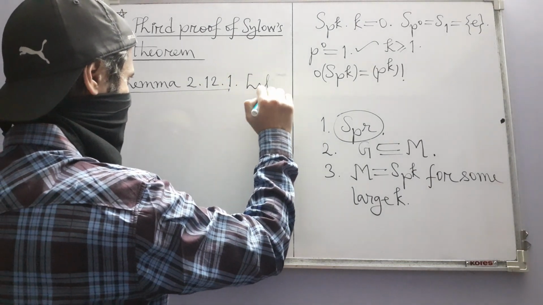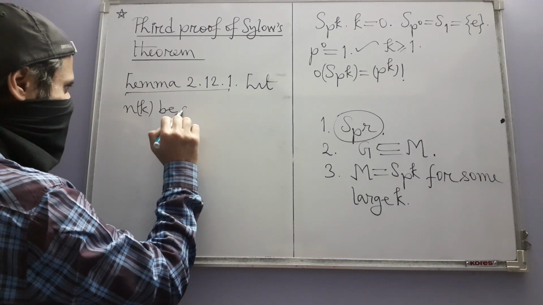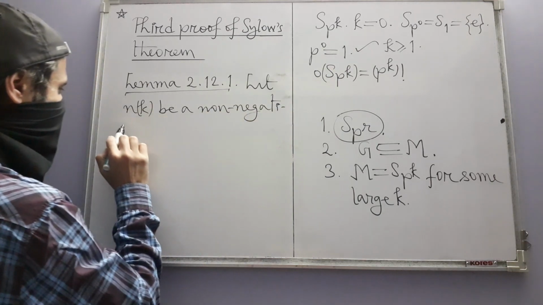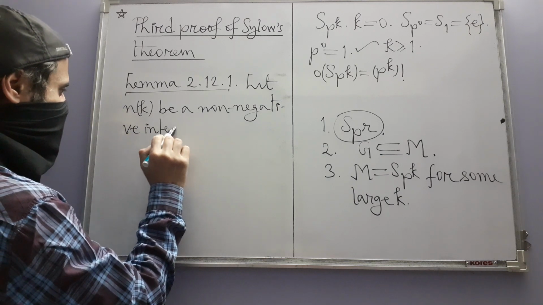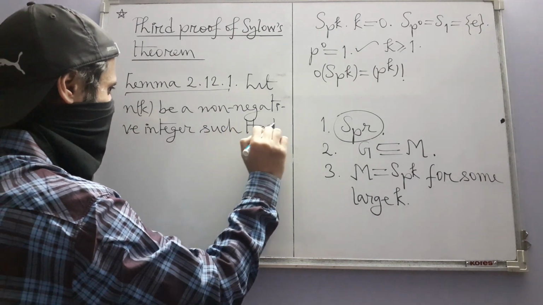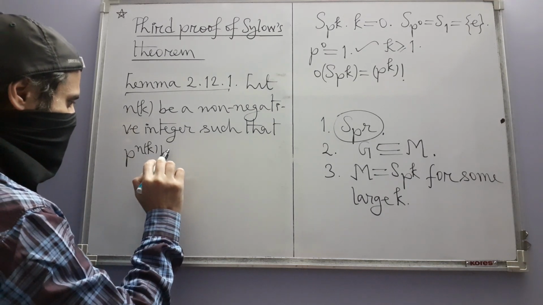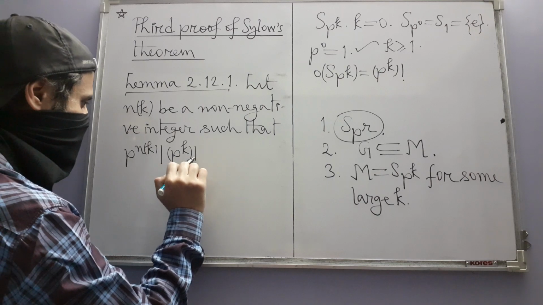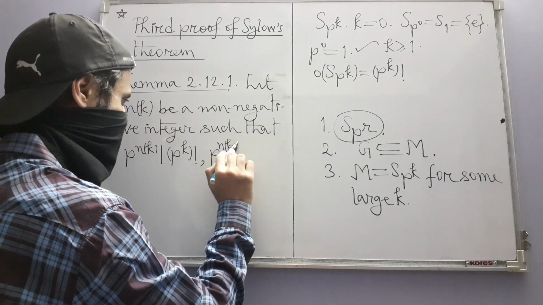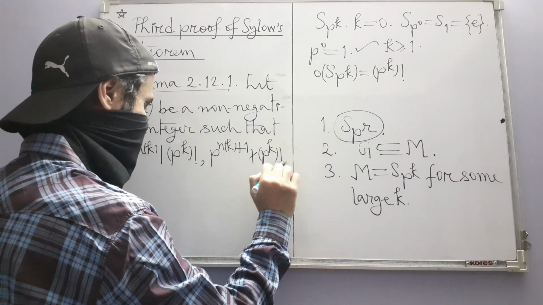Let n_k be a non-negative integer such that p^{n_k} divides (p^k)! but the next higher power does not divide (p^k)!.